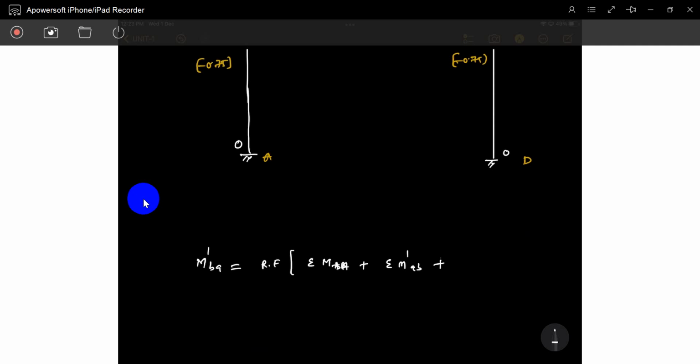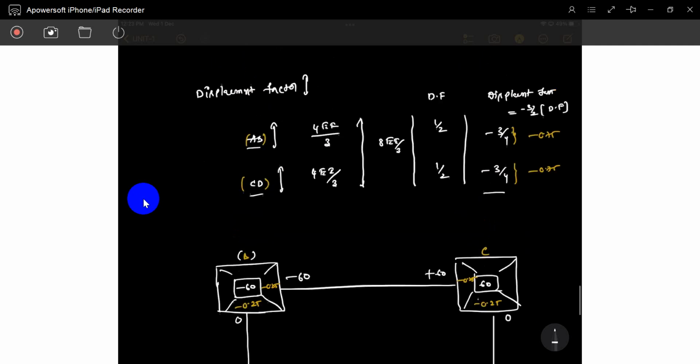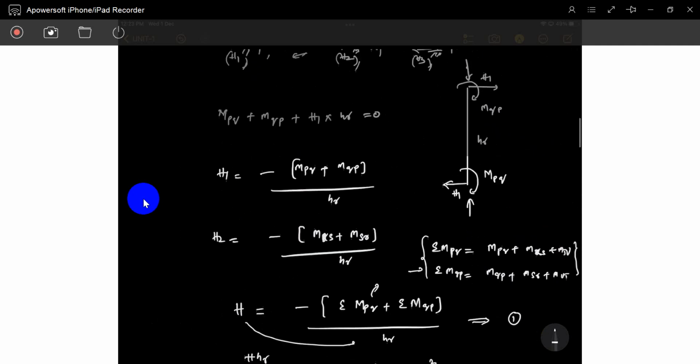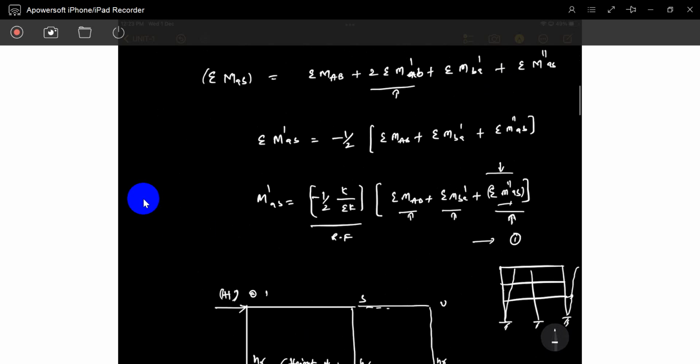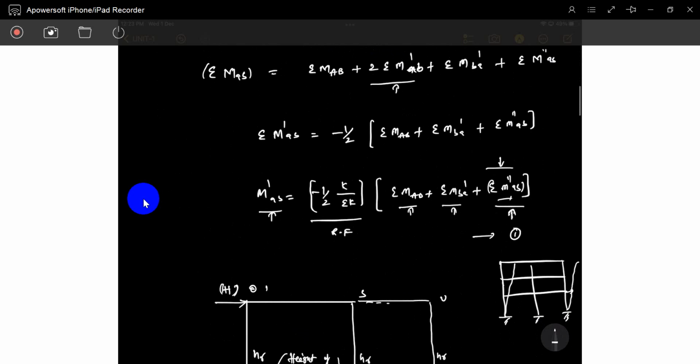That's it. Plus again, understood? See, here translation is also there.